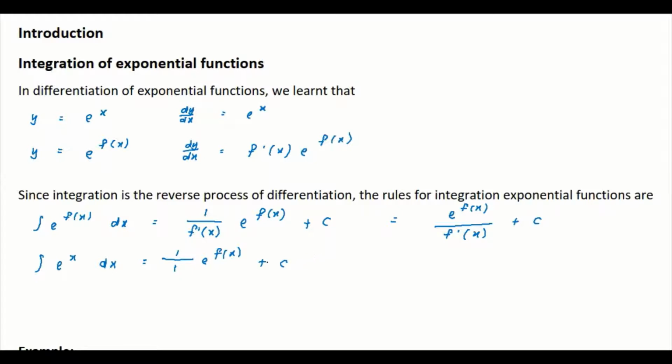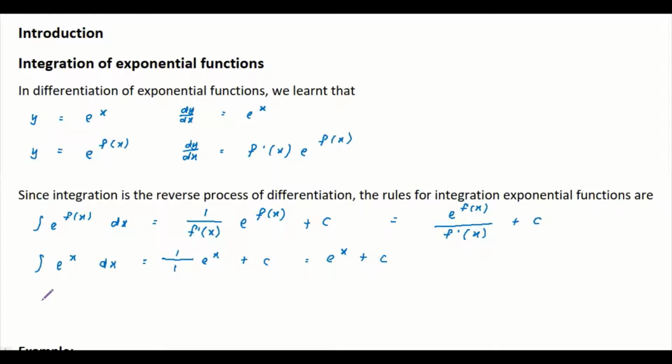So your answer will be e to the power of x plus c. Which is true, because we know that after you differentiate e^x, you get the same thing. So if you integrate e^x, you should get back exactly the same thing as well.